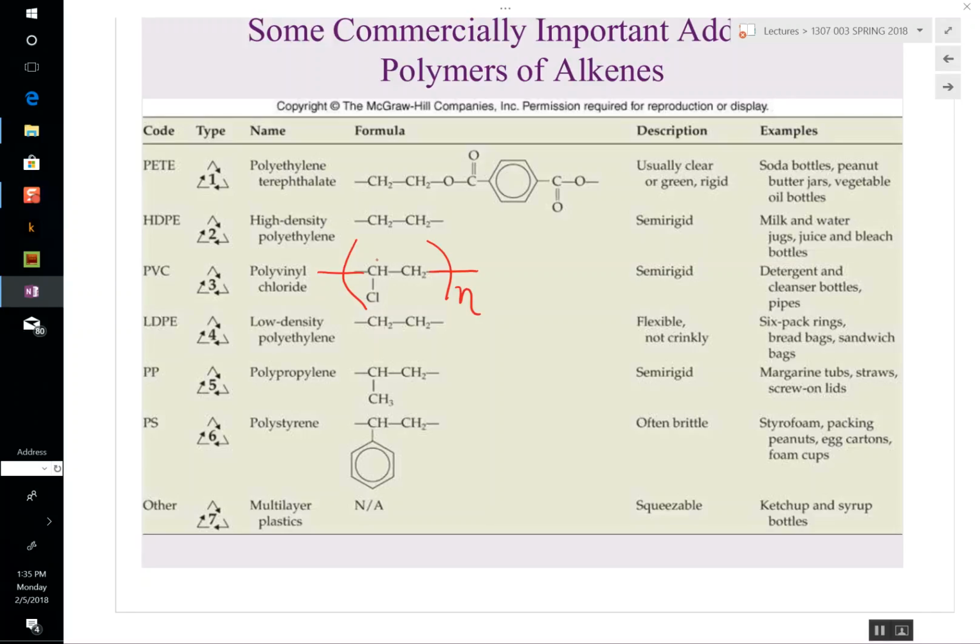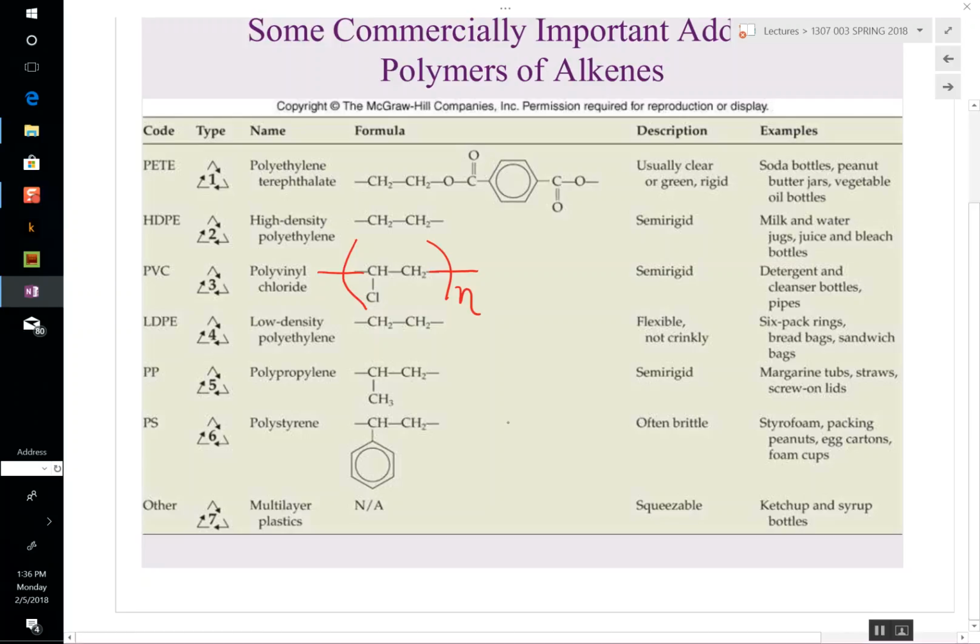Polypropylene, polystyrene, the white insulated stuff. So different monomer makes a different plastic. So there's a lot of variety, a lot of different plastics you can make just by what you start out with.